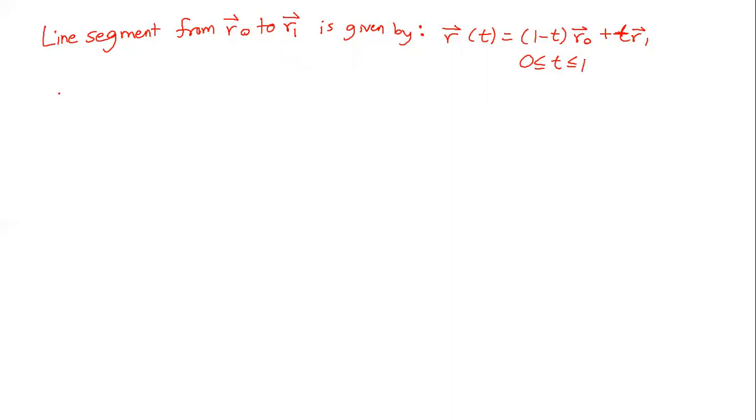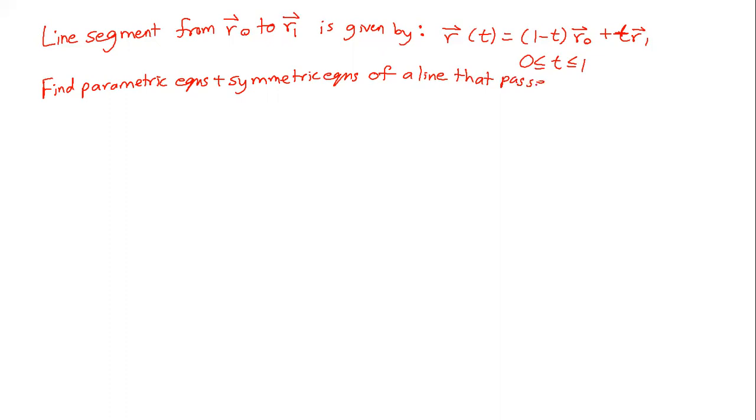Okay, so if people want to see a quick example: find the parametric equations and symmetric equations of a line that passes through A at (2, 4, -3) and B at (3, -1, 1).